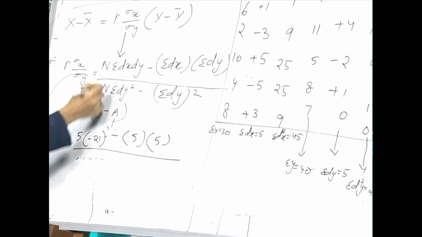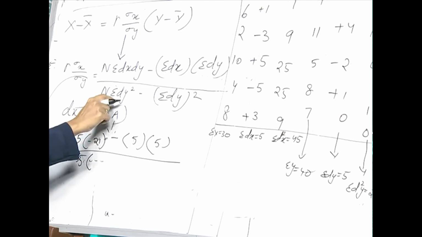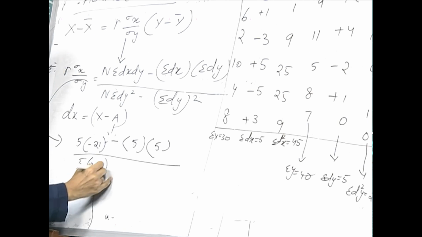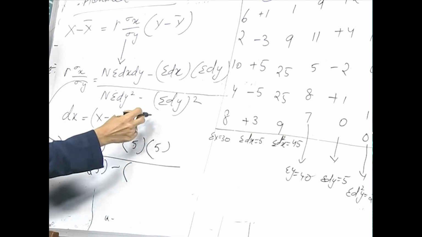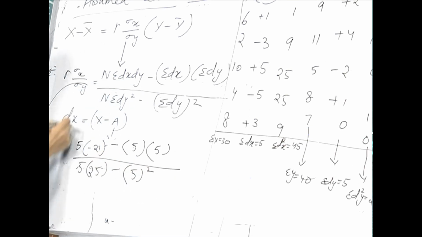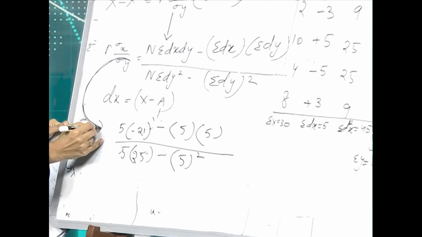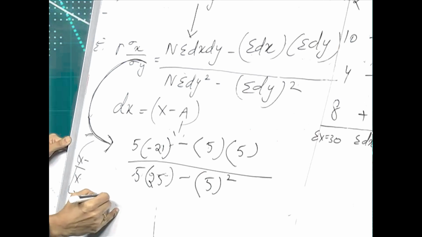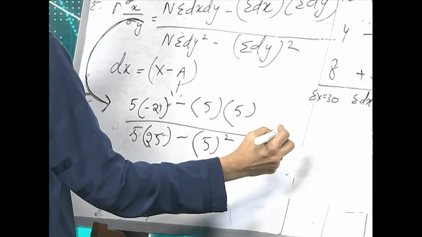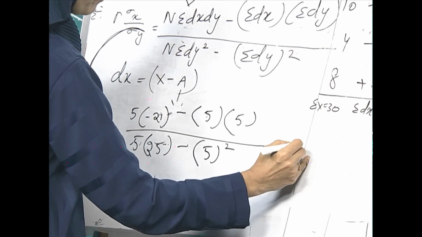Then the denominator n is 5, sum of squares of d, I am getting 45 there, minus the square of sum of dy, 5 square. So, same thing in this formula I substitute like this, and then finally I get the value of this as minus 1.3.